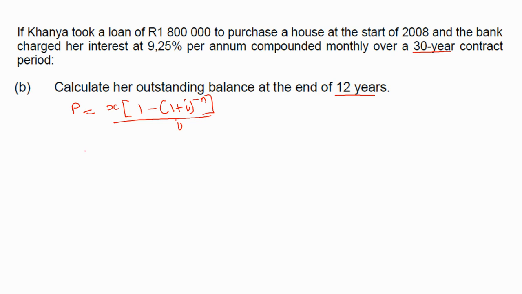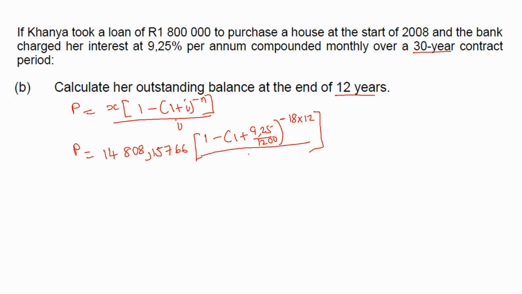The present value is our x, which we calculated when doing 3A, 14,808.15766, times 1 minus (1 plus 9.25 over 1,200), and the exponent here is 18 times 12, the outstanding payments, over 9.25 divided by 1,200.